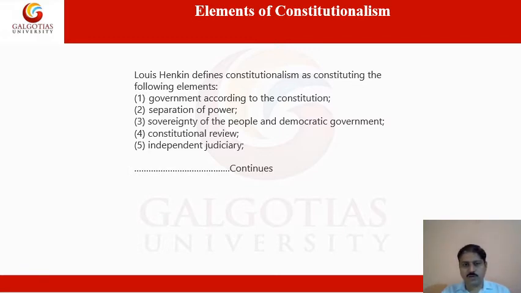Separation of power is necessary because otherwise there is always a danger that one branch of the government, either legislative, judiciary, or executive, will tend to possess absolute powers and thus deprive the general public of its constitutional rights.